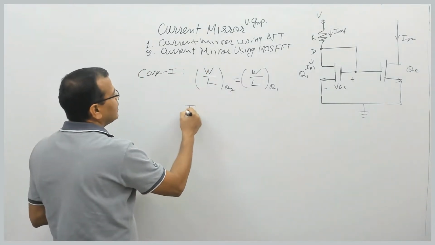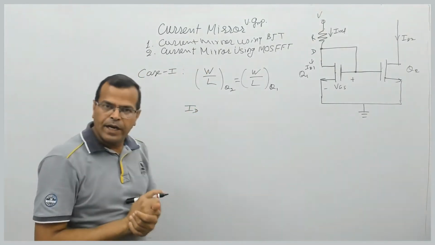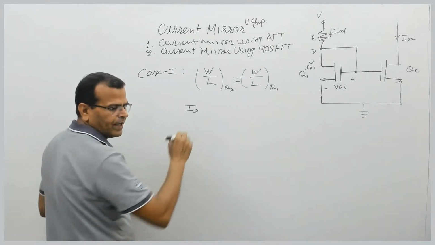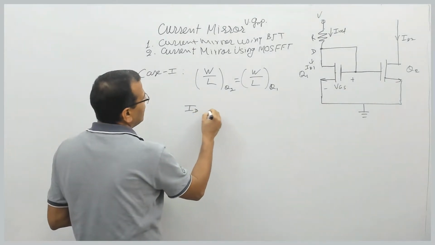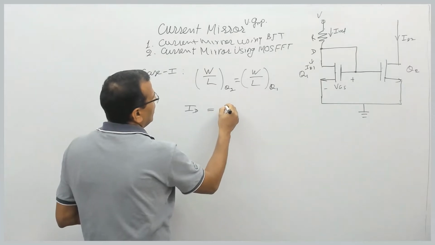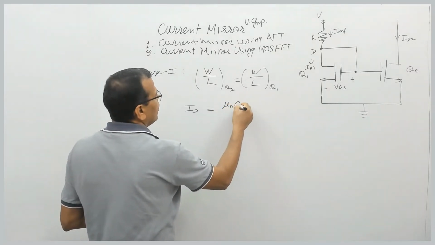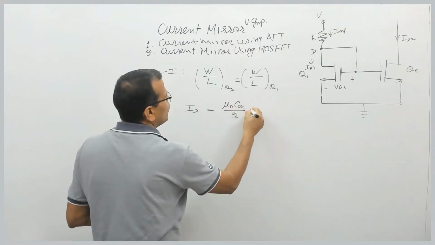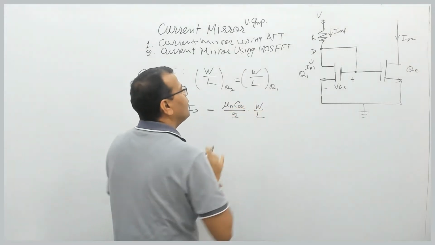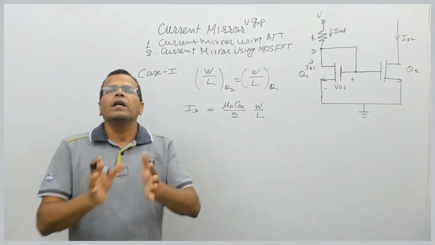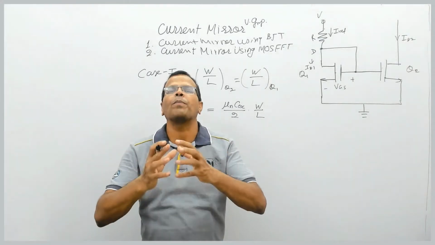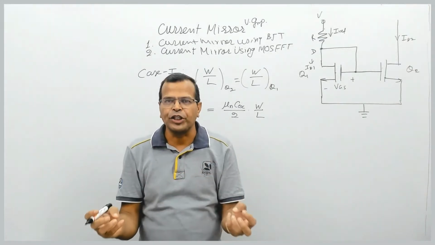We know what is the drain current. The drain current of a MOSFET, that is ID, is equal to mu n C naught x by 2 W by L. First of all, we will be assuming that both MOSFETs are operating in saturation.